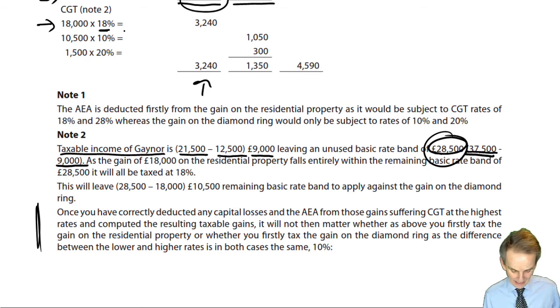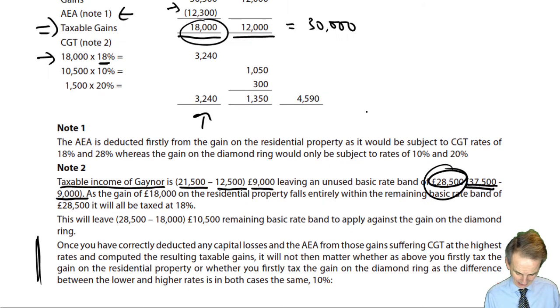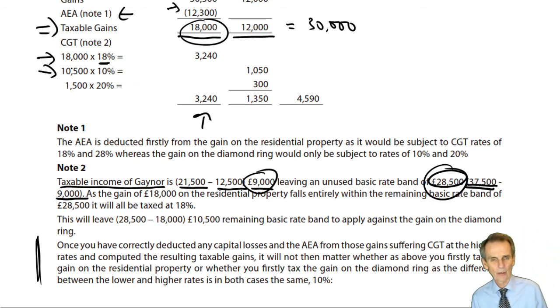What does that leave us with in terms of that remaining basic rate band? Well, we had taxable income of 9,000. We've now proceeded to tax a further 18,000. If you get your calculators out, that should have left you with 10,500 of the 37,500 basic rate band available.